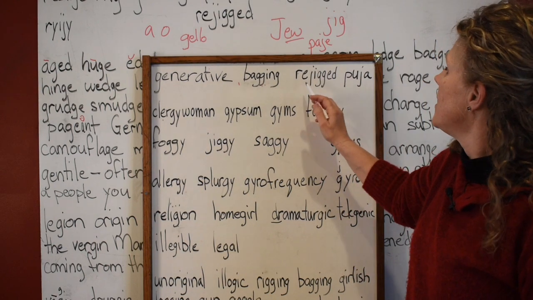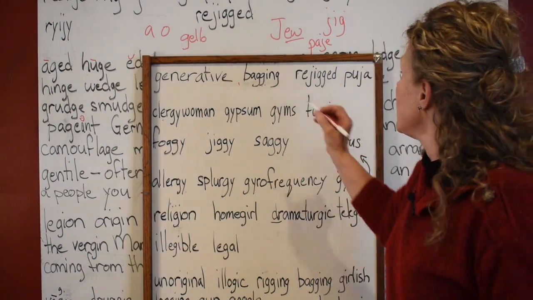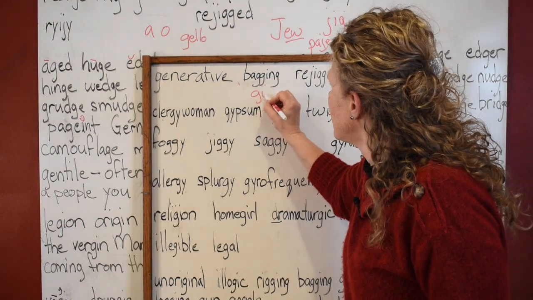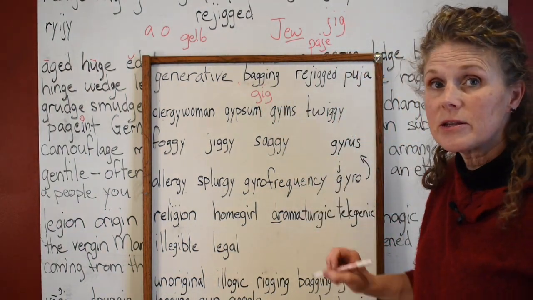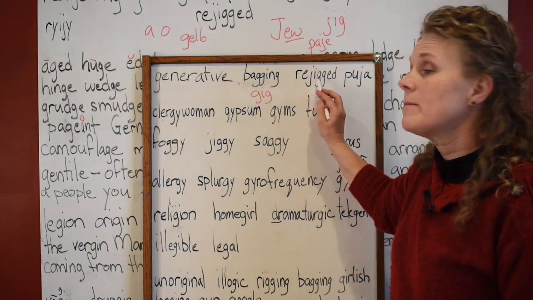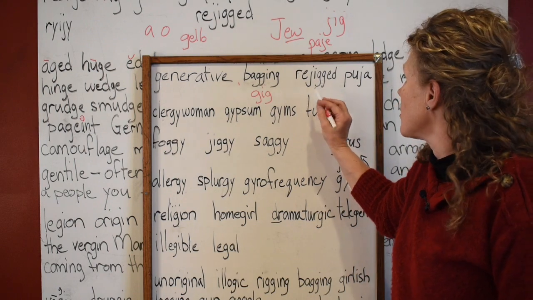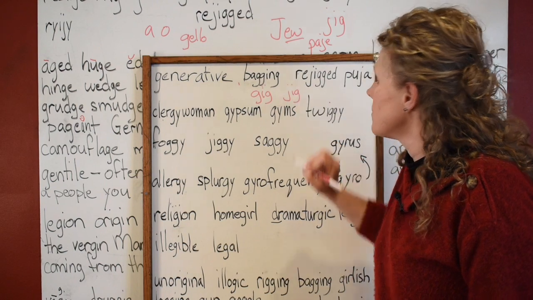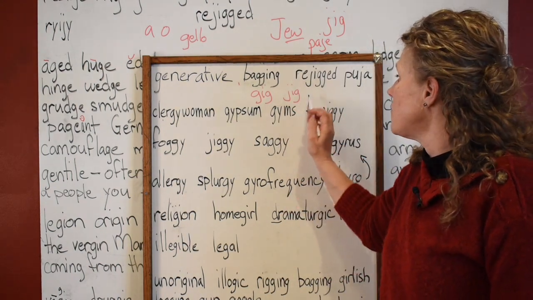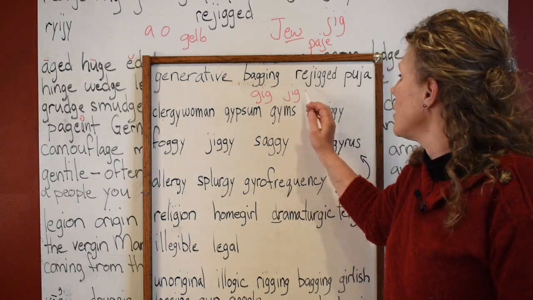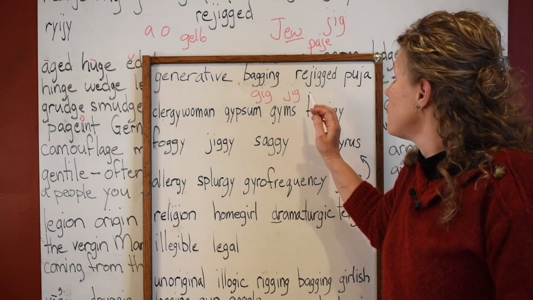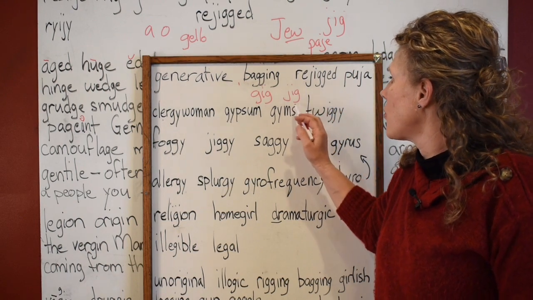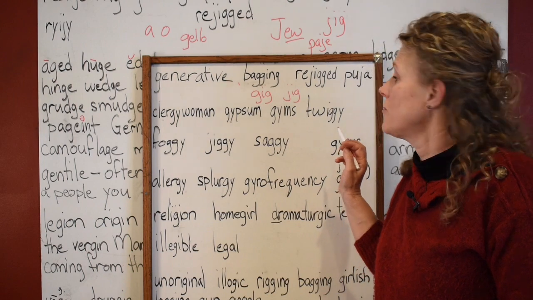Rejigged. Now, we talked about a gig. See right there? But sometimes we have words that actually do start with J. The base word in this is a jig. And this is something that you would fish with. There's other terms for it, but we just got a new little fishing boat in our family and we are going to put jigs on so we can catch our fish.